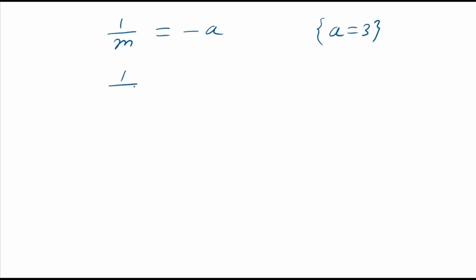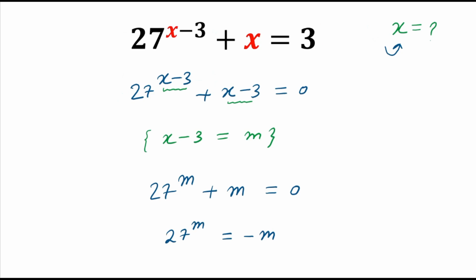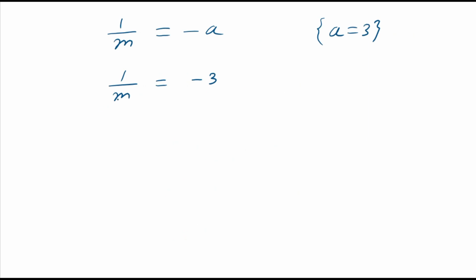Now 1/m = -3, and we know that m is x - 3, so m is replaced by x - 3, and 1/(x - 3) = -3.